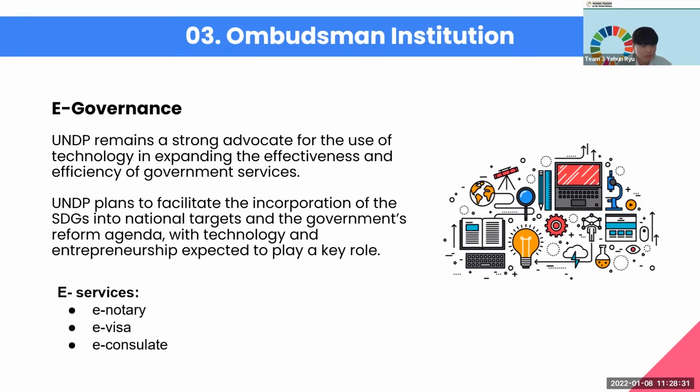As part of a wider effort to support e-governance, UNDP planned a follow-up project to integrate a number of e-services established in recent years, including e-notary, e-visa system, and e-consulate system, and improve the speed of services even as demand has increased.